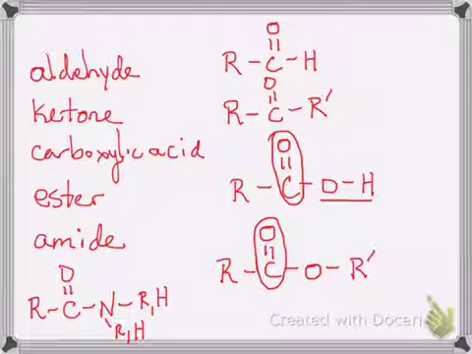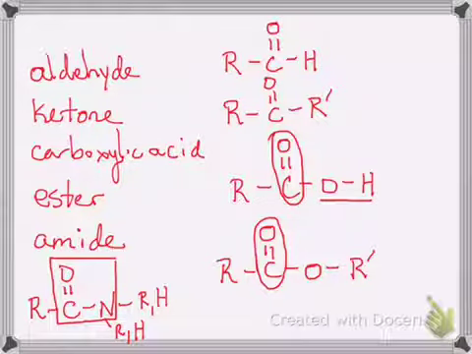So as soon as you see a carbonyl attached to a nitrogen, right here, that's an amide. If you don't see the carbonyl group and it's just the nitrogen, that's an amine, because it doesn't have the carbonyl group, so it's in the other groups of families. If you see the carbonyl and nitrogen, it doesn't really matter what's hanging on it, that's an amide. Okay, so there are the 5 different types.